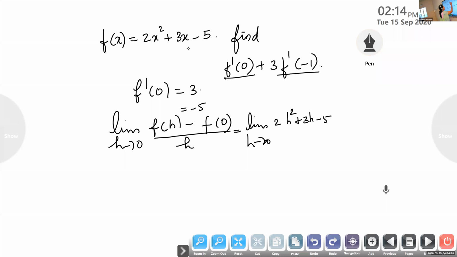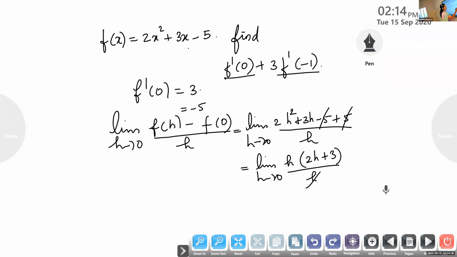Minus of minus becomes plus 5, so the terms without h get cancelled. From the numerator you can take h outside: limit h tending to 0 of 2h plus 3. So the answer is 3.